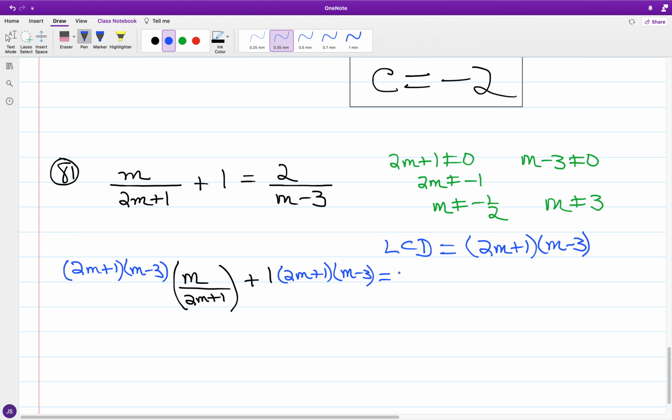So we have terms that are going to be FOILed out. For the first grouping, we're going to have 2m plus 1, then we have distribution for the second, in other words, FOILing out. So in this setup we have m and m minus 3.